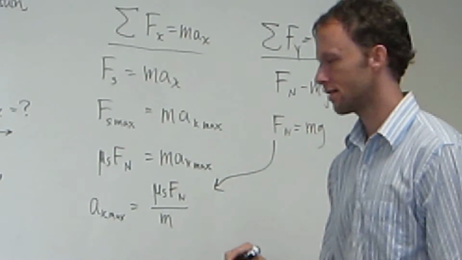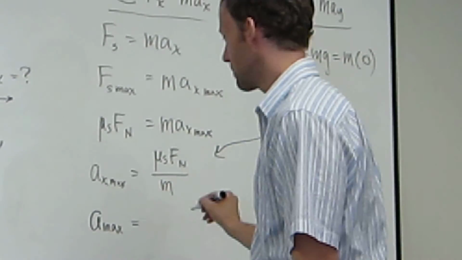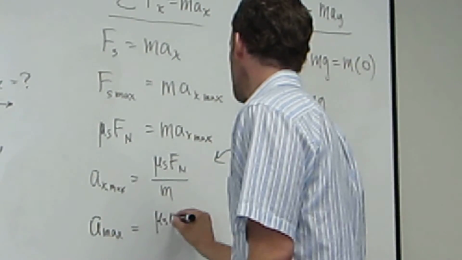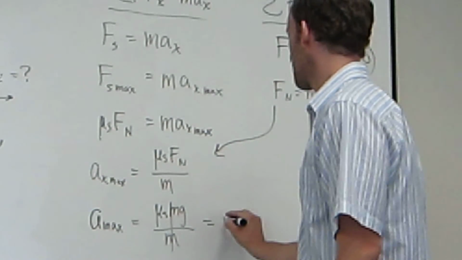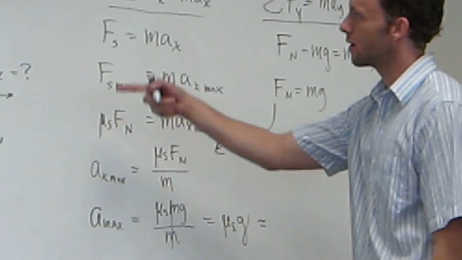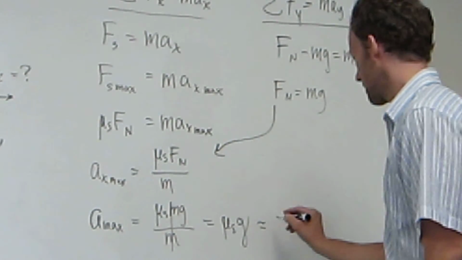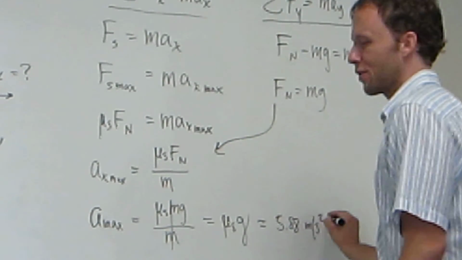And if we plug that into here, we see that A max is equal to mu sub s mg divided by m, and that just works out to mu sub s times g. We fill in the numbers, 0.6 for mu sub s, that'd be approximately 5.88 meters per second squared.